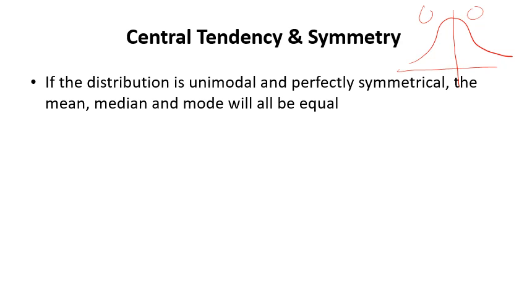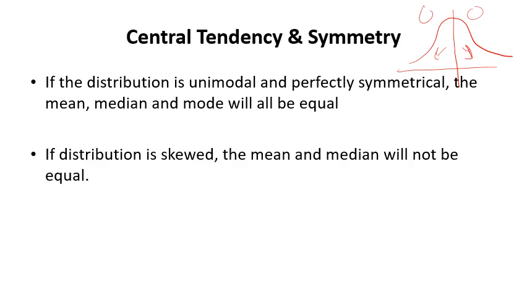But no, symmetry just basically means that the left side and the right side look alike. They are symmetrical between the two. When you're dealing with the mean, the median, the mode, if you've got a unimodal distribution and it's perfectly symmetrical, that is the left side looks exactly like the right side, then in that case the mean, the median, and mode are equal.